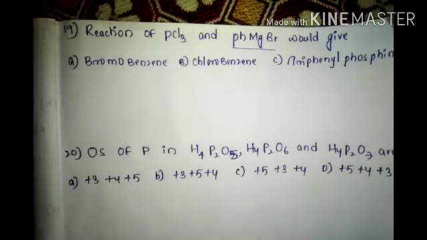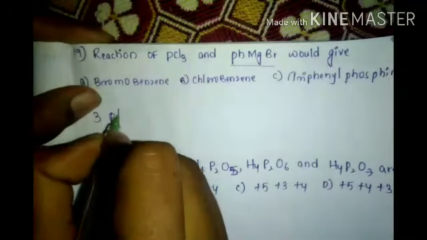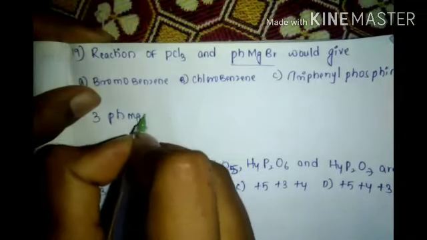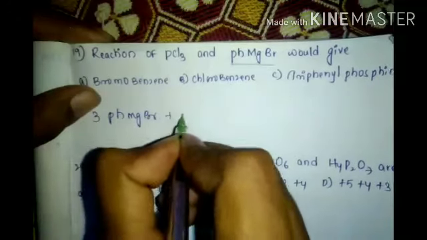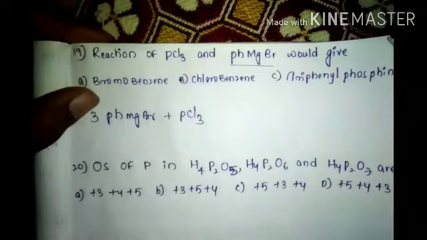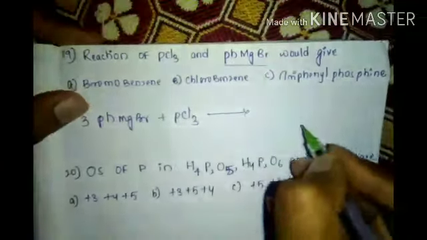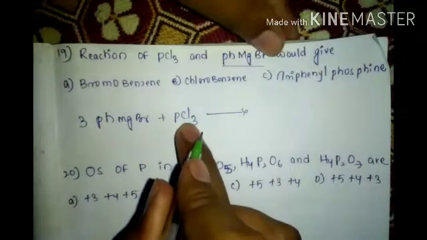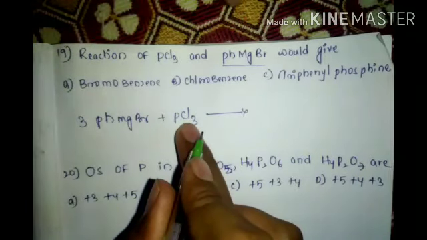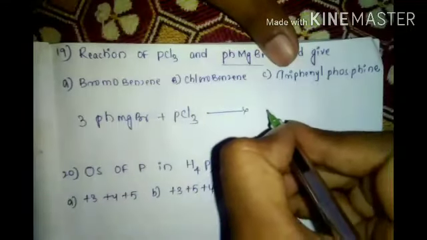What will happen? 3 moles of PhMgBr with PCl3. 3 is there, that's why we are taking 3. So this MgBr will take Cl. This mechanism you already know.